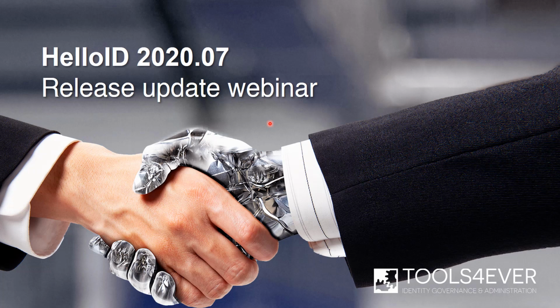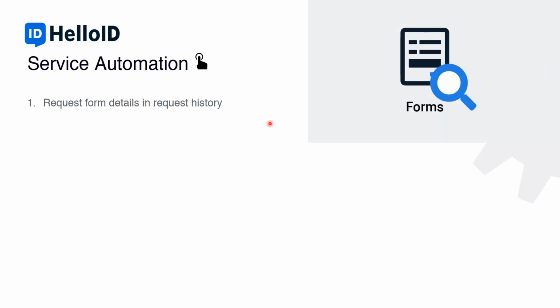Okay, I'd like to start with a PowerPoint presentation. If you have any questions, please put them in the chat box and I will answer them at the end of the webinar. So I first like to start with service automation. We have 6 new items in this release, and the first item is that now you have form details.